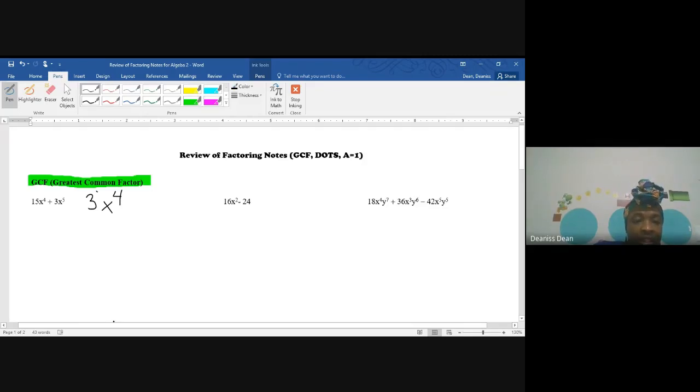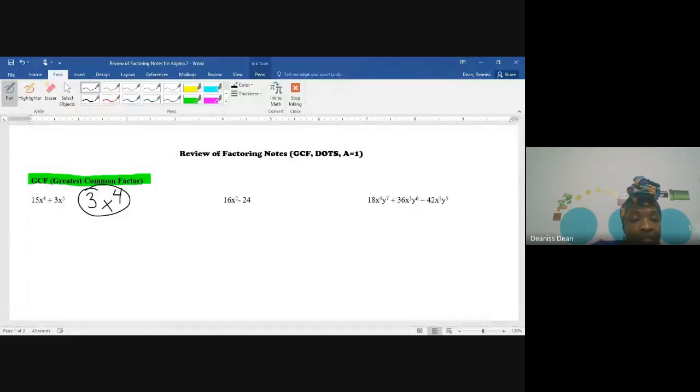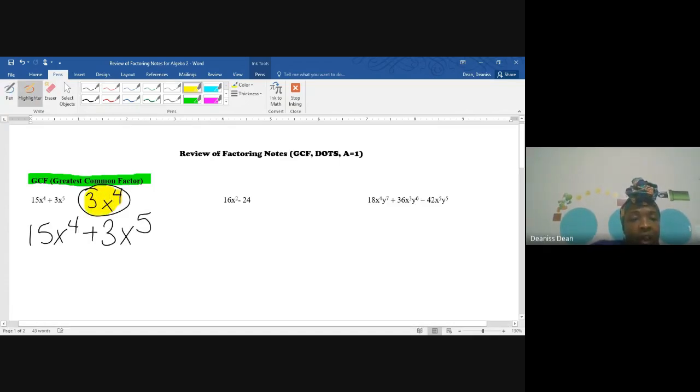We know our GCF on this one is 3x to the 4th. So I'm factoring it out. I'm going to take my expression, 15x to the 4th plus 3x to the 5th, and divide it by my GCF, each term in that expression by 3x to the 4th.